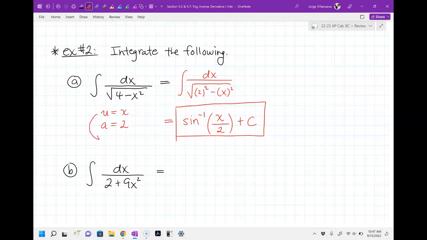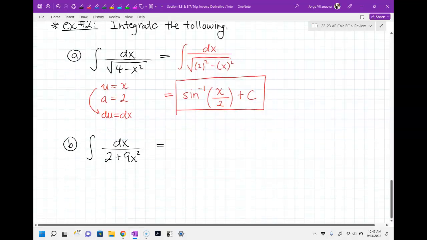I forgot to take a derivative of my u function. du is dx. So obviously nothing else changes. There's no leftover numbers. So nothing bad happened that I forgot that, but something bad will happen if I forget to do that here. So I just want to make sure you should be taking your derivative of your u substitution, right?